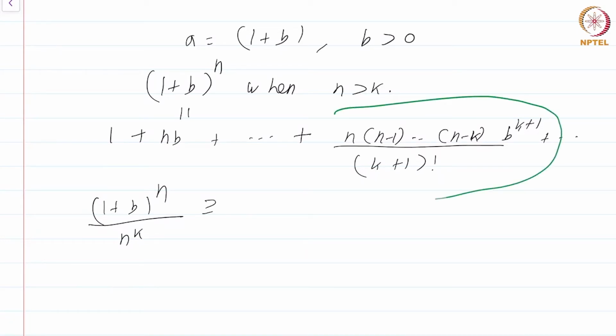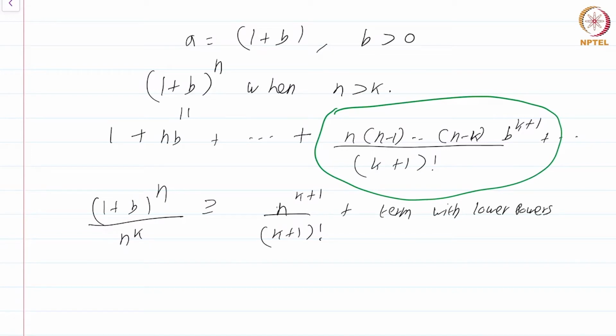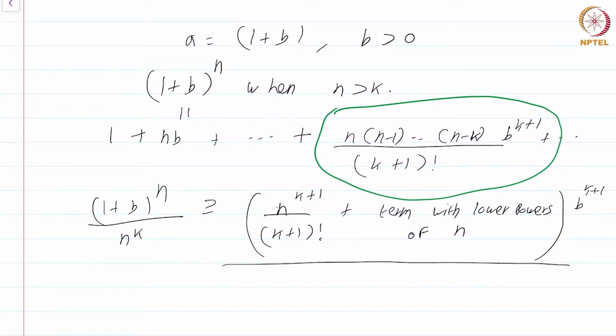Now if you look at this term and expand out n into n minus 1 dot dot dot n minus k, it is easy to see that this whole thing will be greater than or equal to some n^{k+1} divided by (k plus 1) factorial, plus terms with lower powers of n, and the whole thing gets multiplied by b^{k+1} and divided by (k plus 1) factorial.